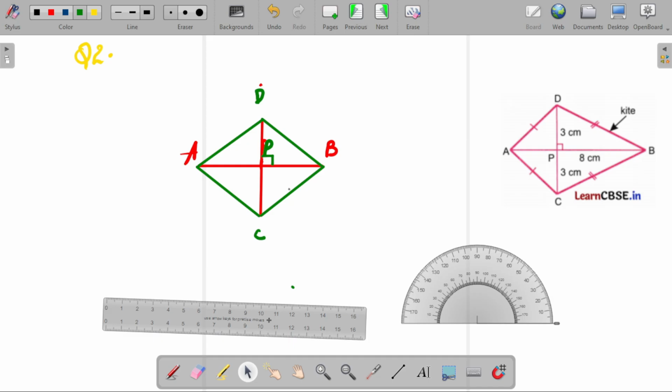The point P on this line can be taken anywhere, but there is no such condition. One line is there, which is splitting AB into two equal parts, ED into two equal parts. So the requirement of point P is not at the middle, it can be taken anywhere because we are creating a kite here.